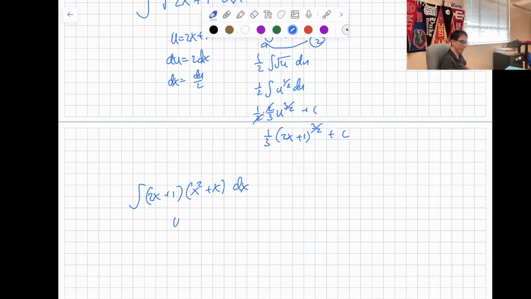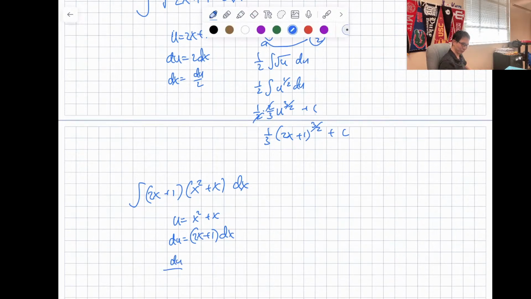You want to have something cancel. Just divide the 2x plus 1 dx, so it's u over 2x plus 1. That's why I couldn't do it.